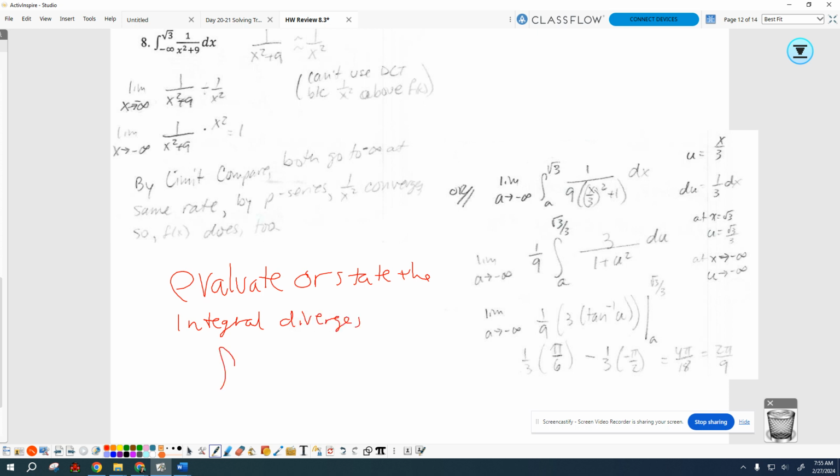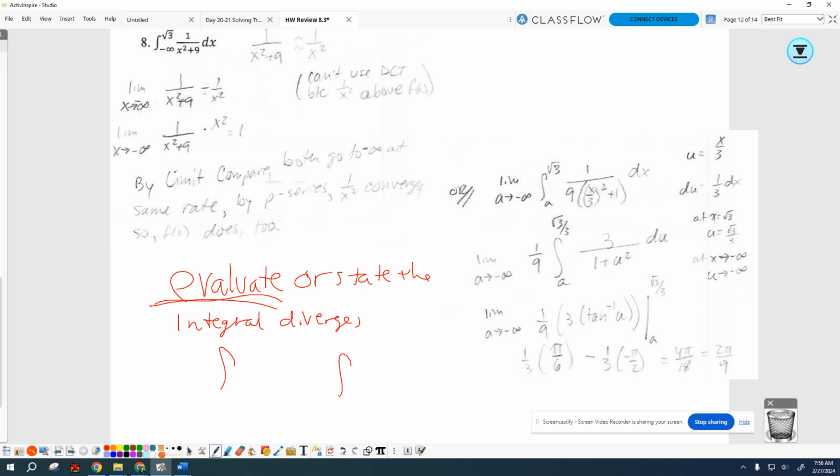So that's 2 different things, and they're asking you to actually integrate. So when it says evaluate the integral, they're asking you to actually integrate. One of them was a U substitution and the other was arcsine. And one of them converged and one of them diverged.